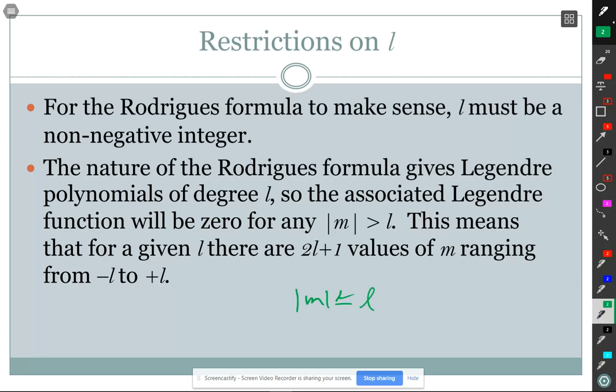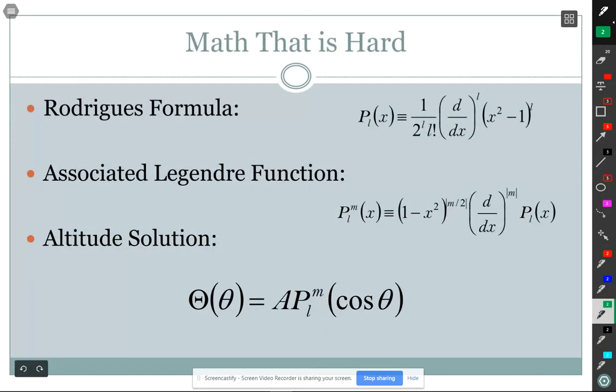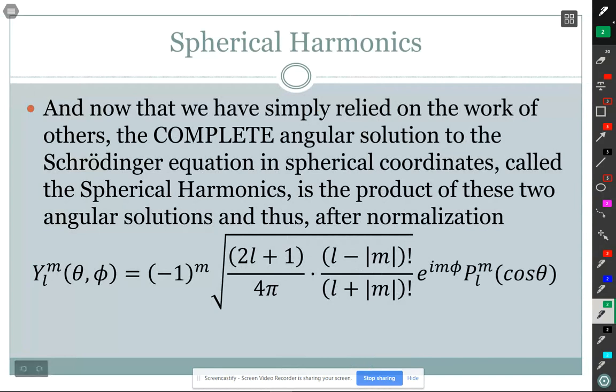We're going to come back to it, but I just want to make sure you understand this really is a significant result. Even though we did nothing to derive these, we could see how that result had to occur based on the form of these two equations. So the complete angular solution now. This is true for any central force.